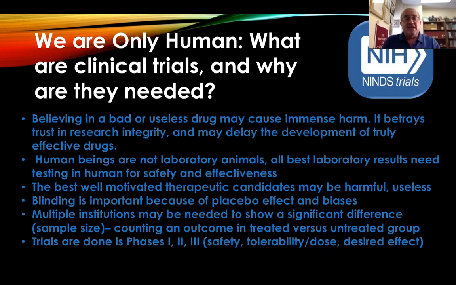And then drugs that pass phase 2 are taken to a big final trial, which is phase 3, that tests for sure whether they work or not. So the Food and Drug Administration requires at least a phase 3 trial before they approve a label for a drug to be used for a given disease.